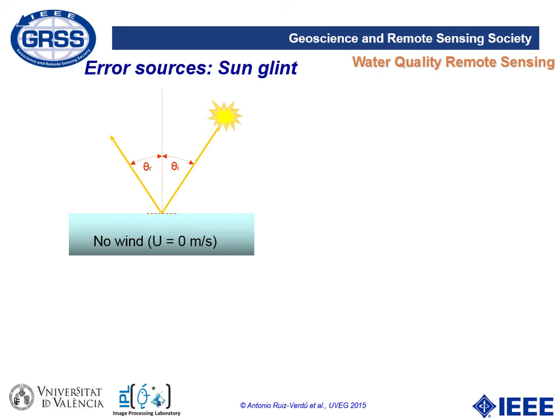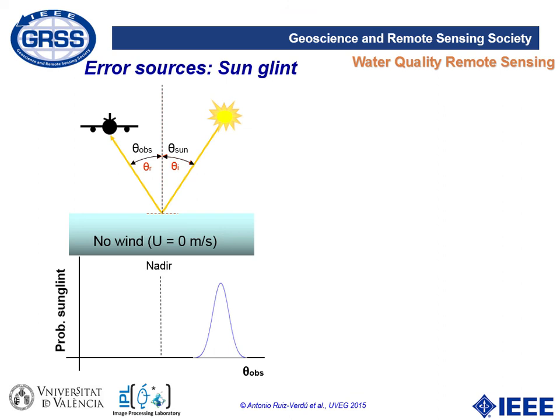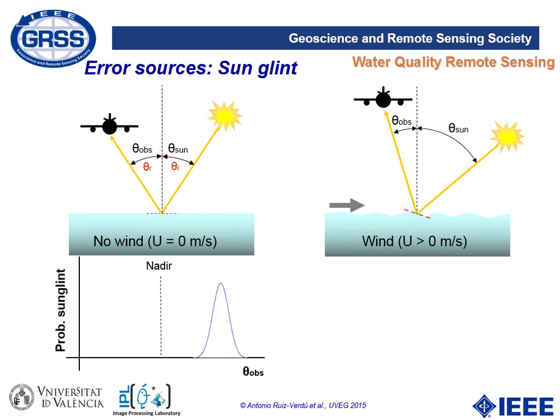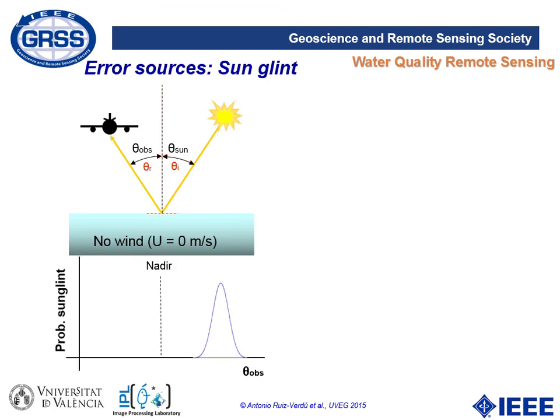Basically, if there is no wind, it is determined by the Snell laws of refraction, and if we are observing the water with a zenith angle which is very close to the sun zenith angle, we will have an important contribution of sun glint, which is expressed here as the probability, excuse me, the function of distribution of probability for glint related with the observation angle.